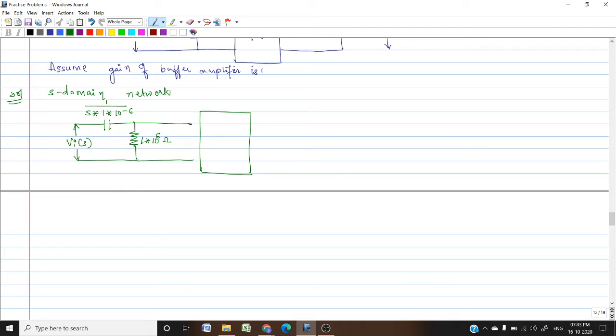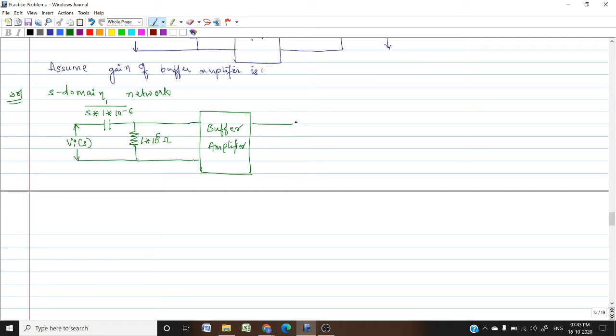So we go for a buffer amplifier. In electronics, a buffer amplifier is also sometimes used for impedance transformation. So one application of the buffer amplifier is to provide electrical isolation.